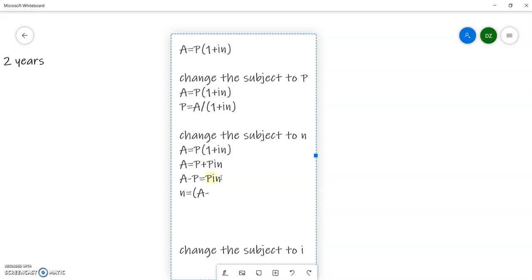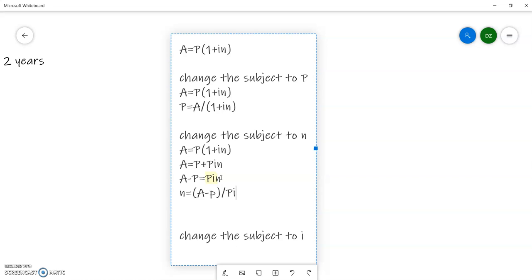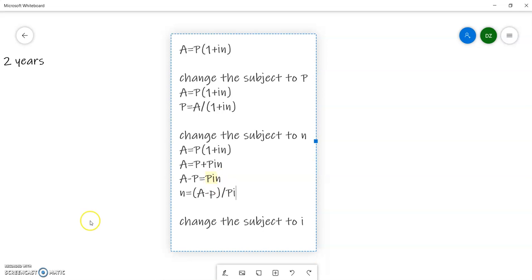So I would have A minus P divided by P times I. And I've changed the subject of the formula, so I would just substitute in and get the answer that I need. Please look at the slideshow if you want to see an actual example of this. It is done there.